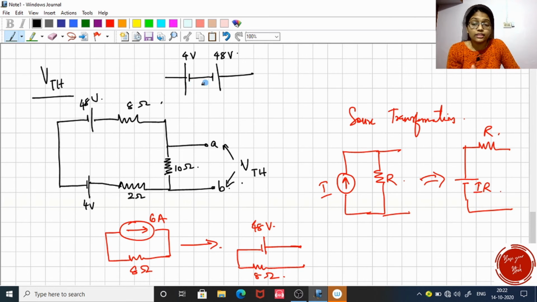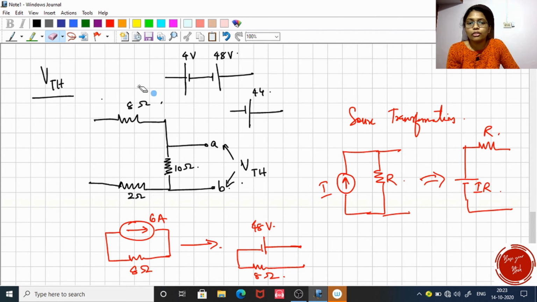If the same polarities are connected together, let's subtract: 48 minus 4 is 44 volt, and maintain the polarity of the highest battery, that is 48 volt. So 48 and 4 are replaced with 44 volt.